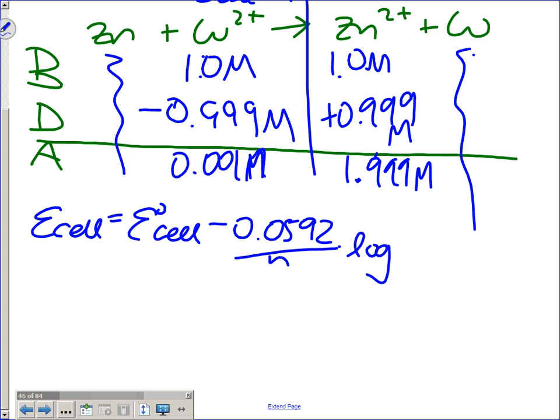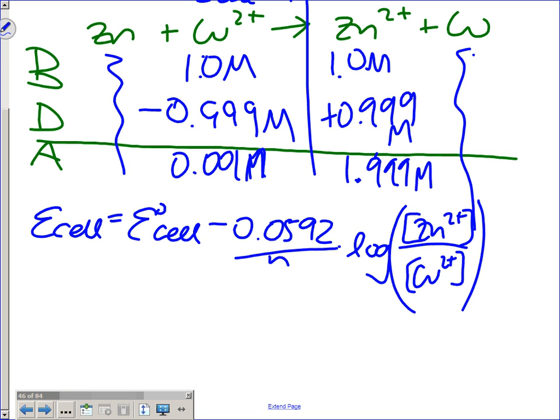Now, I want you to actually put in what Q's describing, right? So we have a reaction. We know every single Q and K is just products over reactants, right? What's our product concentration that matters? No, not the actual concentration. What's the identity? Zinc ion, okay? So we're putting zinc ion, the products, over copper ion.